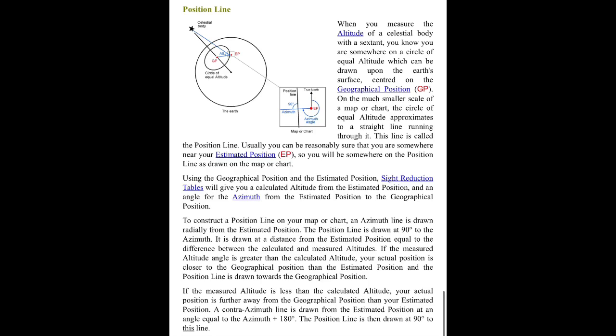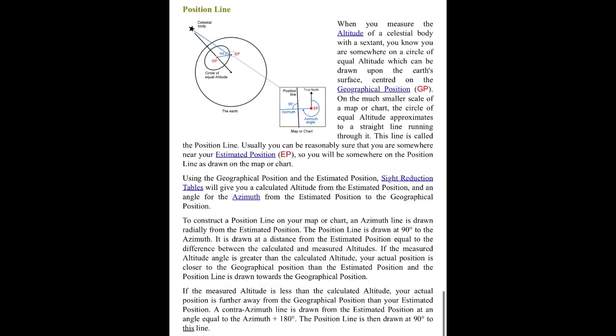The position line is drawn at 90 degrees to the azimuth. It is drawn at a distance from the estimated position equal to the difference between the calculated and measured altitudes. If the measured altitude angle is greater than the calculated altitude, your actual position is closer to the geographical position than the estimated position, and the position line is drawn towards the geographical position.